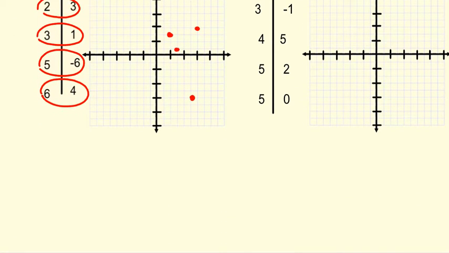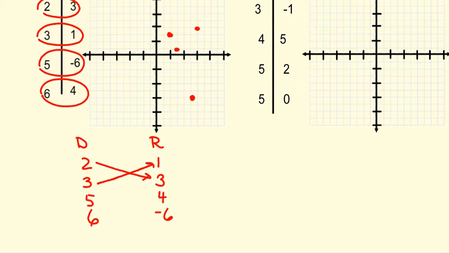So remember, as a mapping, if here is your domain and this is your range, the values here, 2, 3, 5, 6, map out to 1, 3, 4, and negative 6. 2 maps to 3, 3 maps to 1, 5 maps to negative 6, and 6 maps to 4.